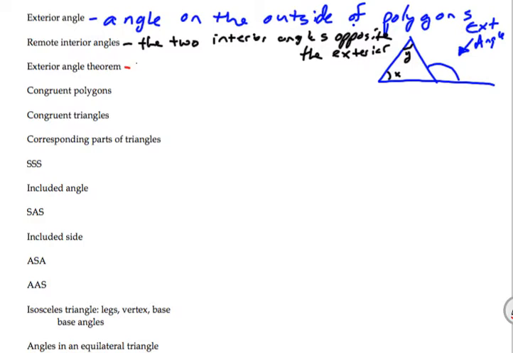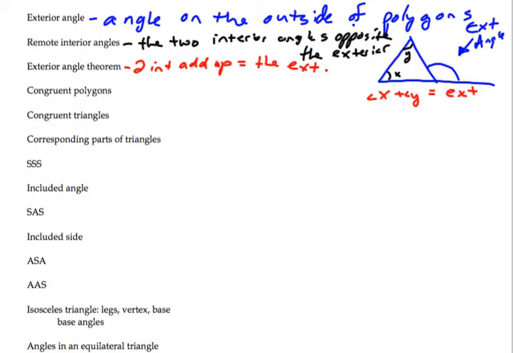And my two interior angles added up equal the exterior. So in other words, angle x plus angle y here is going to equal the exterior. That's what exterior angle means. The two interior angles add up and equal the exterior. So we talked about that a bunch.